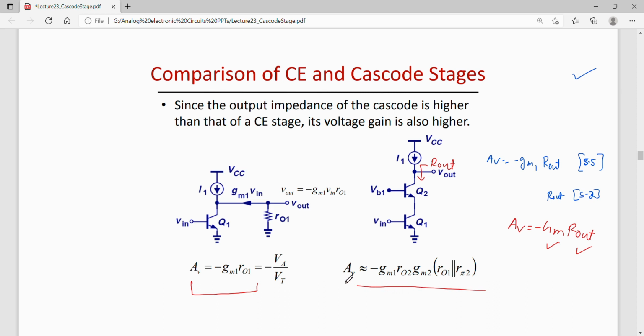Now this gain is greater than the gain of common emitter. One reason why this gain is greater is because the impedance of cascode is larger than the common emitter output impedance. So R out, that is the output impedance of cascode, is larger than the output impedance of the common emitter. So that is why the gain is also larger.